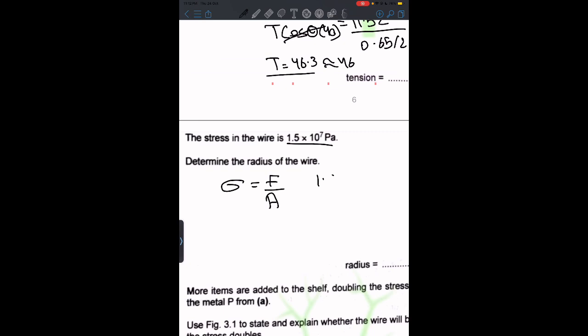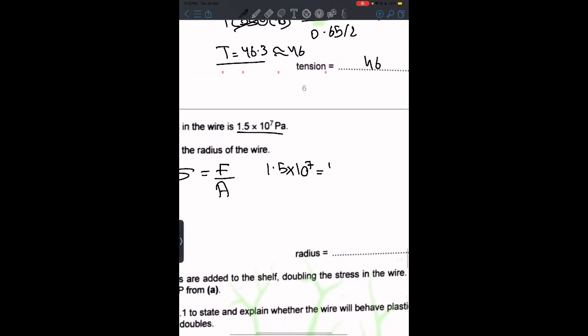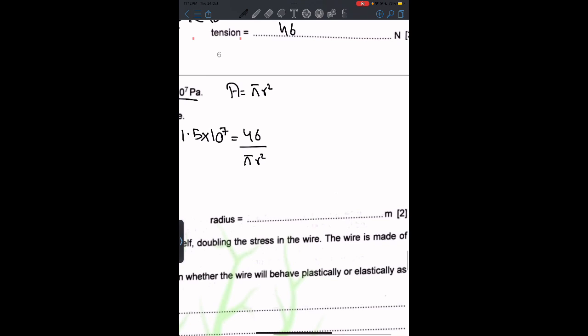We already have the tensile force, which is 46. So we have 1.5 times 10 to the power 7 equal to 46 divided by the area, and we know that the area of a wire is just pi r squared. If we rearrange the formula, it will give us r squared equals 46 divided by pi times 1.5 times 10 to the power 7.